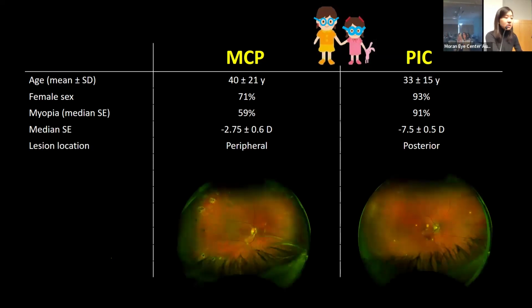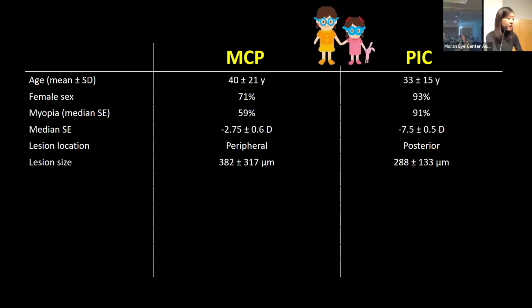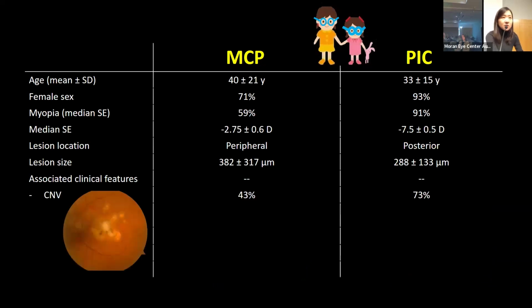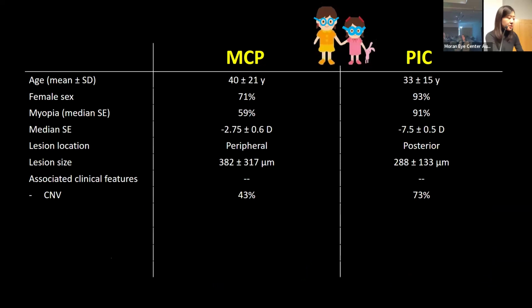The inflammatory lesions in multifocal tend to be more peripheral, whereas in PIC tend to be more posterior. And because the multifocal is the older sister, their lesions tend to be a little larger with an average size of 380 microns versus 290 microns in PIC. Both conditions can develop CNVM, but it's more common in PIC patients.